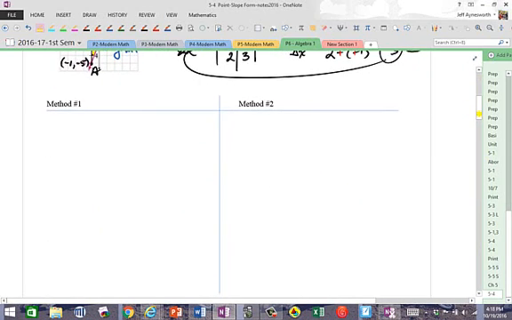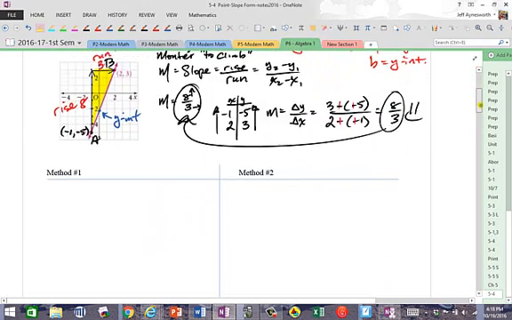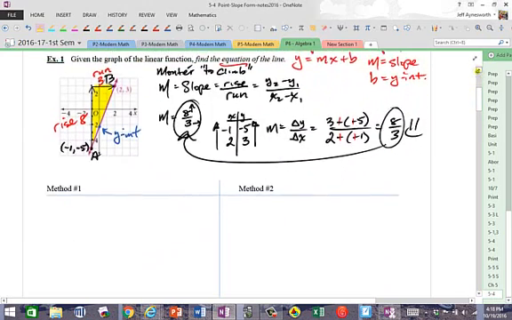Let's write it down. Now, the important thing is to know which point to use. Do you have to use point A, or do you have to use point B, or does it matter? And I'm not going to answer that until the very end. So I'm going to pick point A. So we're going to use point A here, -1 comma -5, and we're going to use a slope of 8/3.